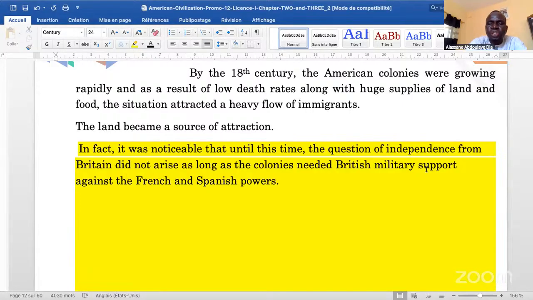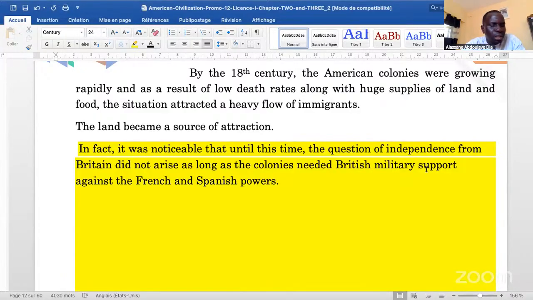By the 18th century, the American colonies were growing rapidly, and as a result of low death rates along with huge supplies of land and food, the situation attracted a heavy flow of immigrants. What does this mean? It's different from what I explained to you at the very beginning.